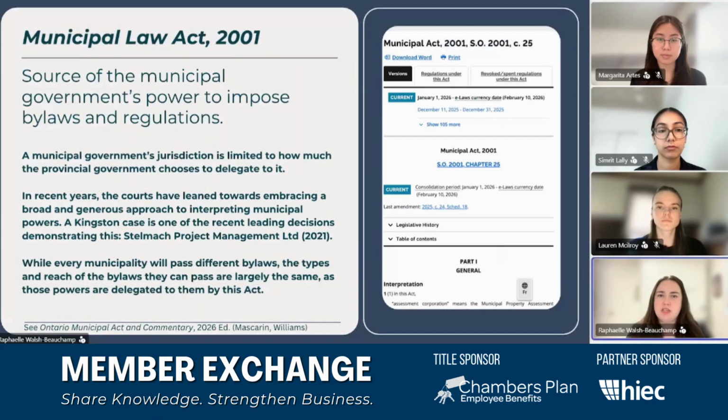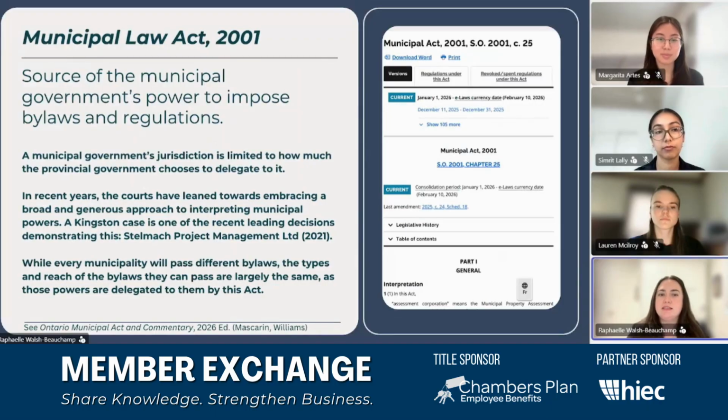As mentioned, the Municipal Act is the source of the municipal government's power to impose bylaws and regulations. A municipal government's jurisdiction is limited to how much the provincial government chooses to delegate to it. In recent years, the courts have leaned towards embracing a broad and generous approach to interpreting municipal powers.